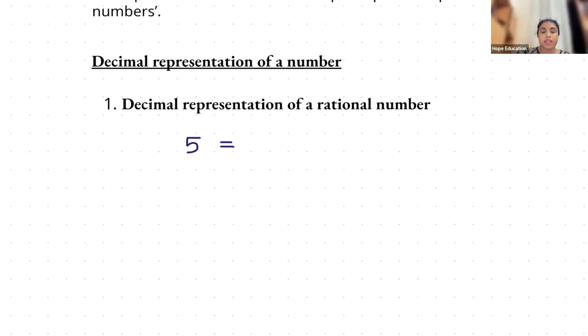When I write 5 as a decimal number, I can write it as 5.0, not 0.5. Can I write it as 5.0000? Is this correct? What do you think? Others, what do you think? Is this correct?